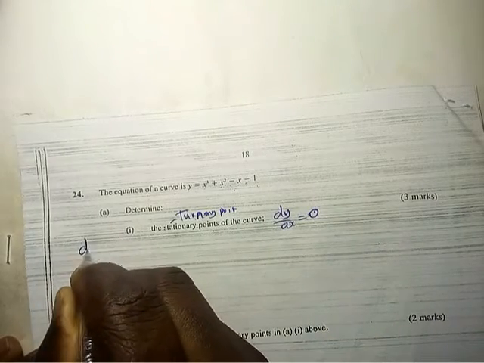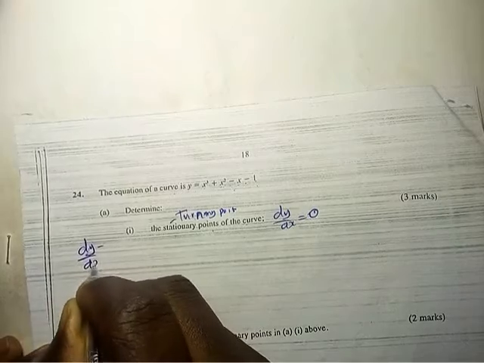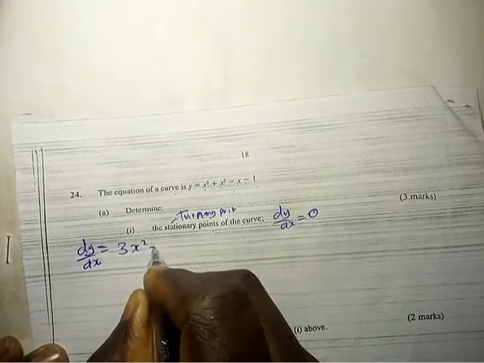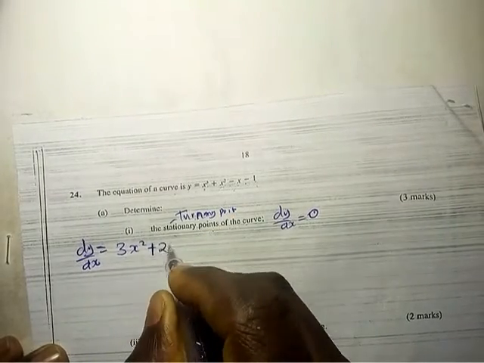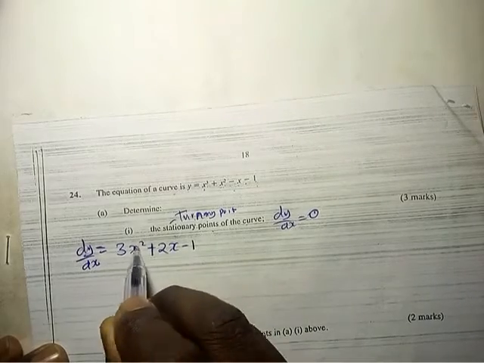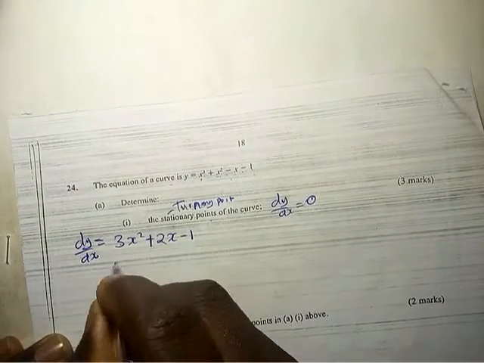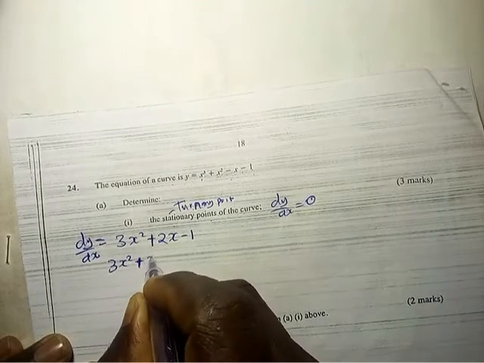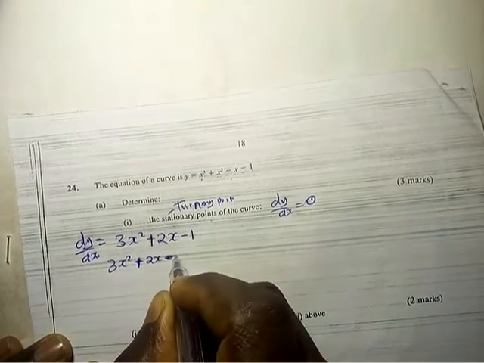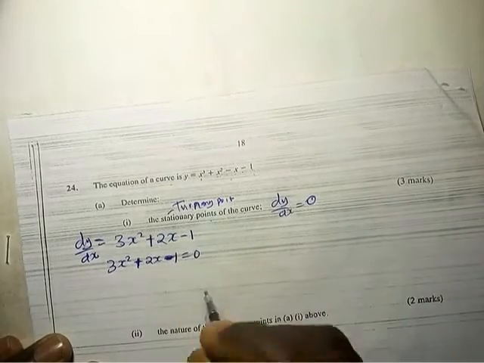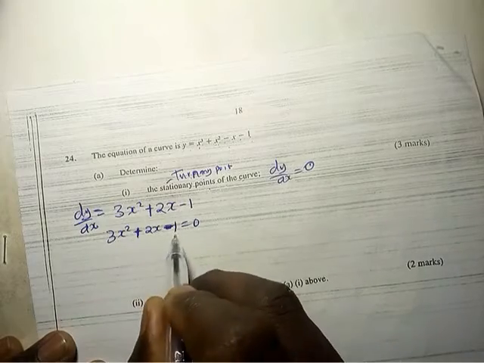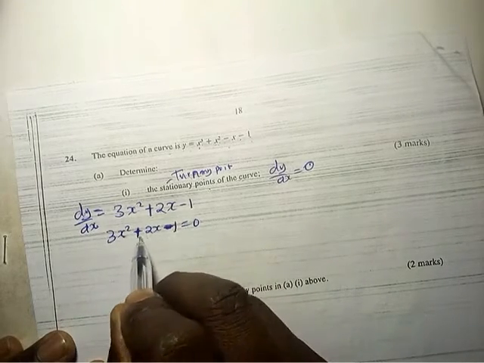So dy over dx is equal to the differentiation of this. So x cubed will have 3x squared plus 2x minus 1. So this is dy over dx. So at the turning point, this gradient function 3x squared plus 2x minus 1 is equal to 0. So we simplify this and get the value of x. So the sum is 2, the product is negative 3.